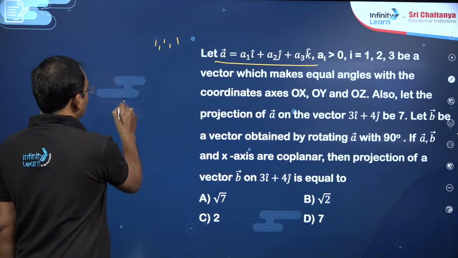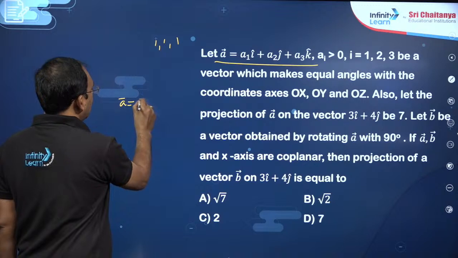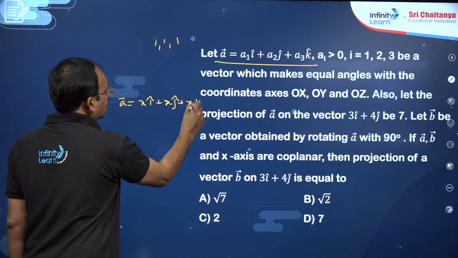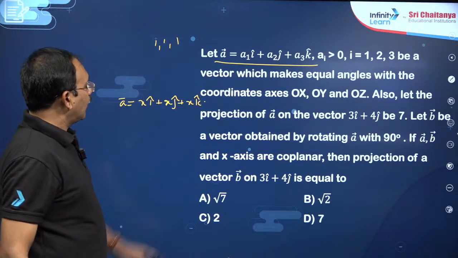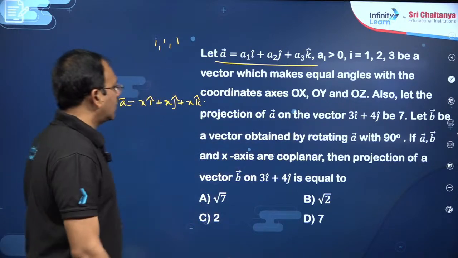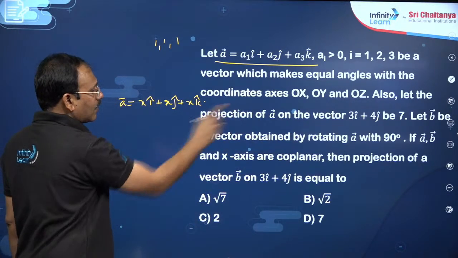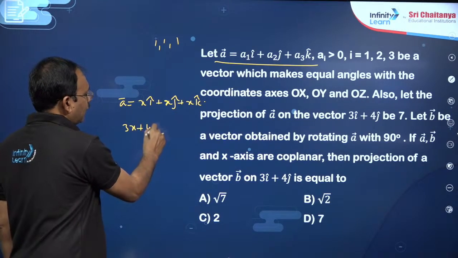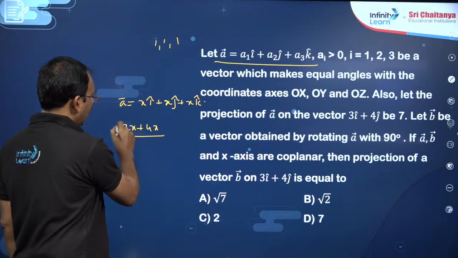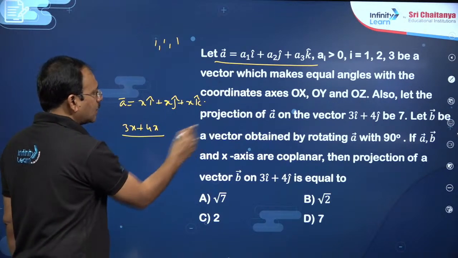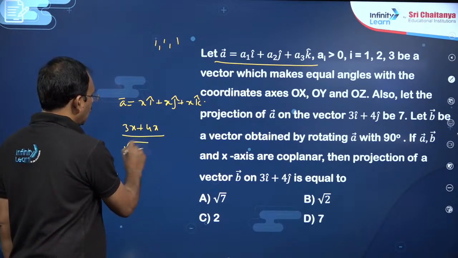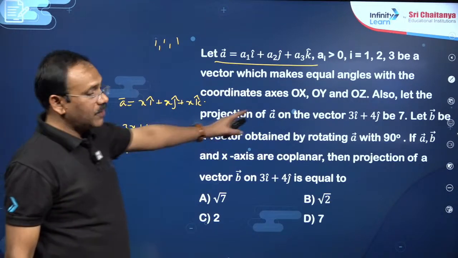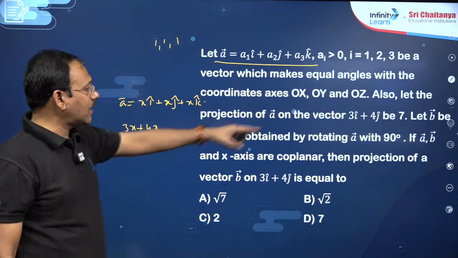So my dear friends, you can take A bar as x i cap plus x j cap plus x k cap. Then projection of B bar on A bar means B bar dot A bar by magnitude of A bar, that means 3x plus 4x by magnitude of A bar.